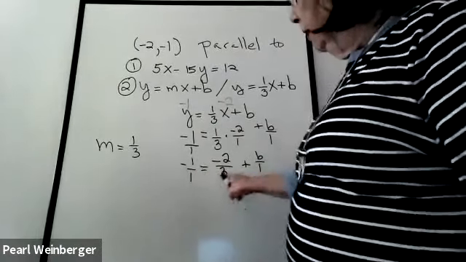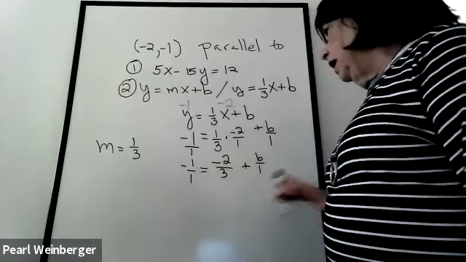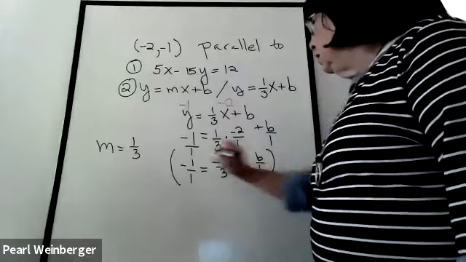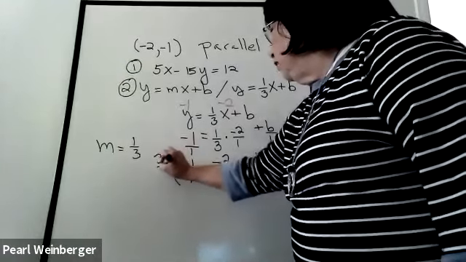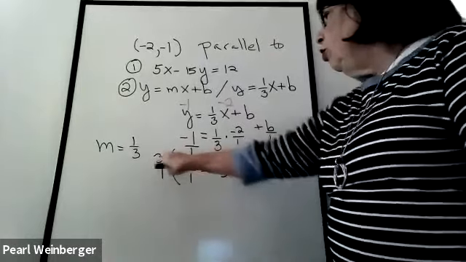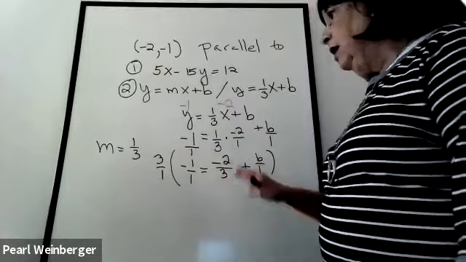Again, my common denominator: there's a 1, a 3, and a 3. Multiply them all together. My common denominator is 3. We put 3 over 1 and multiply the whole equation by the common denominator of 3.